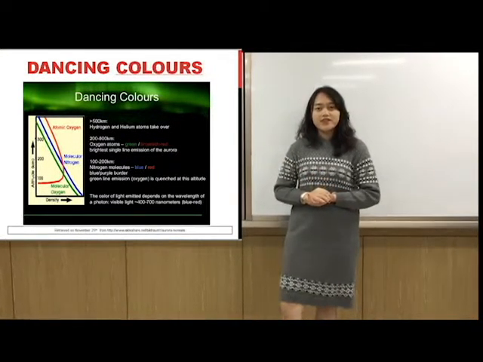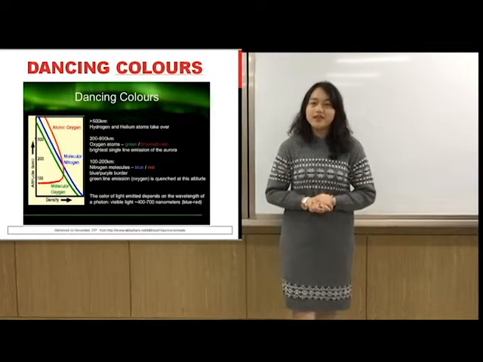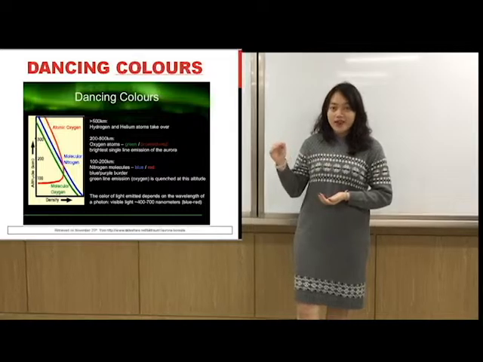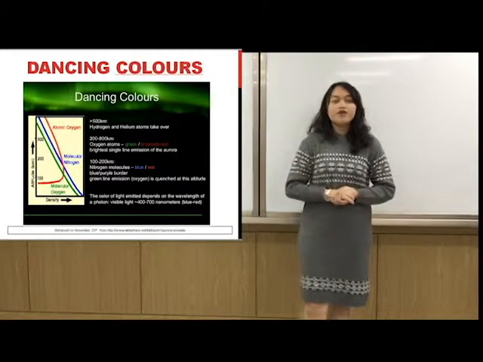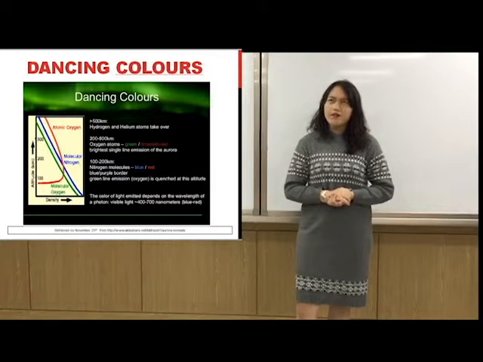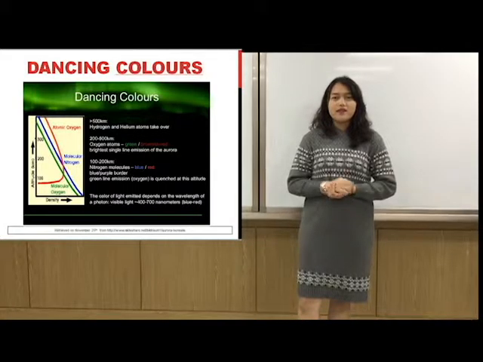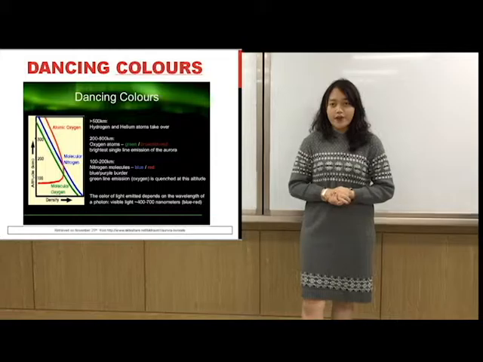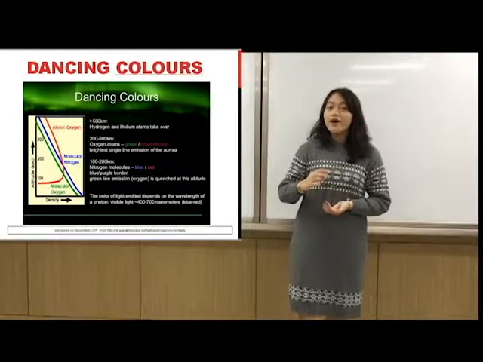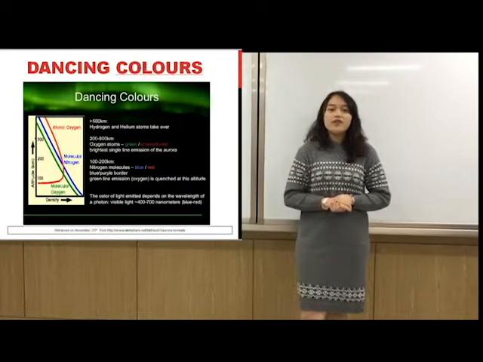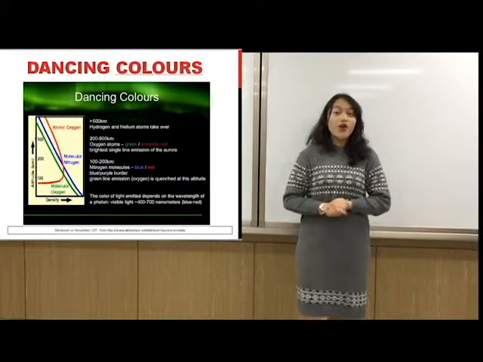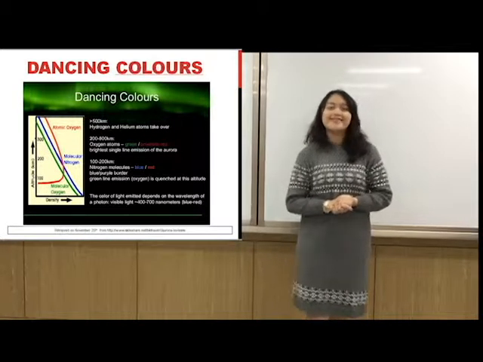For 100 till 200, the colors that change are purple and red. For 200 and 500, the colors are green and yellow. And for 500 and more, it only contains helium and nitrogen, so there are no colors in that state.